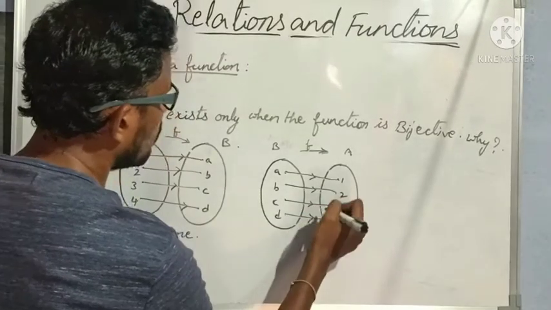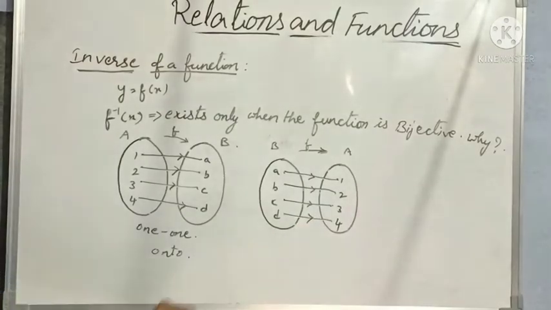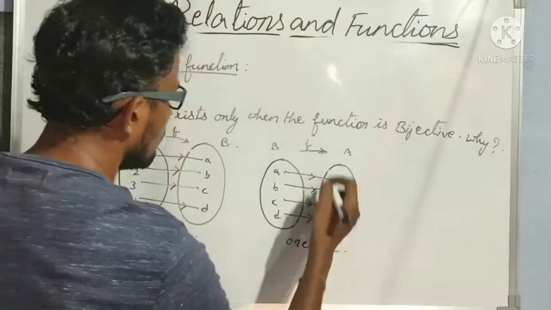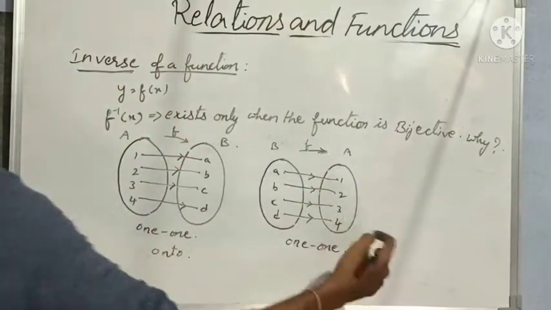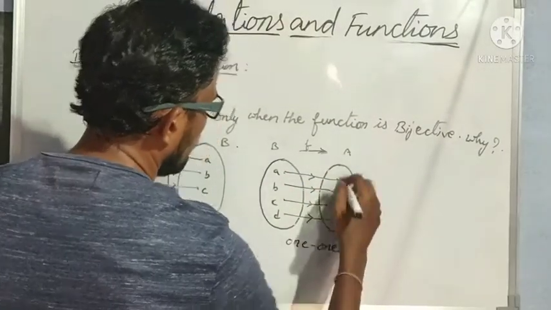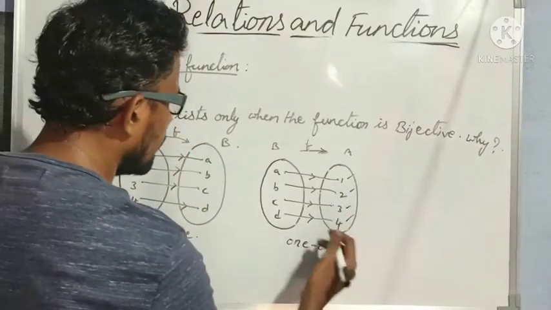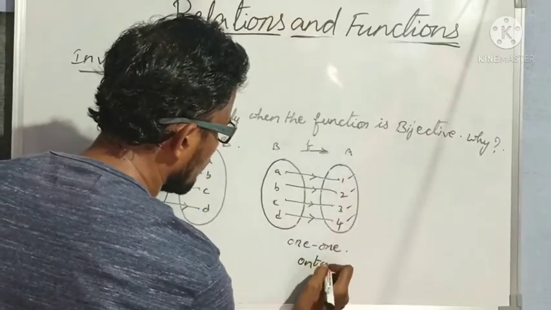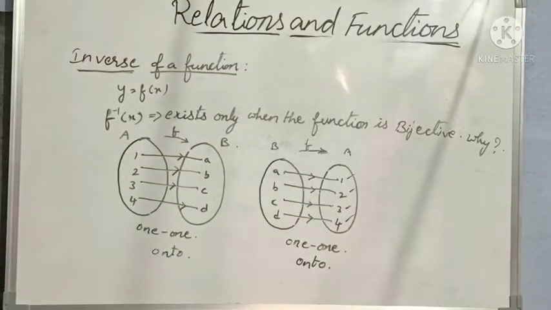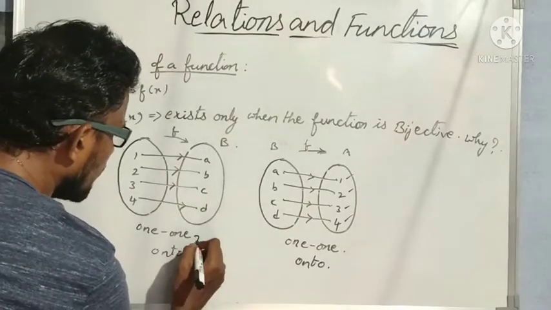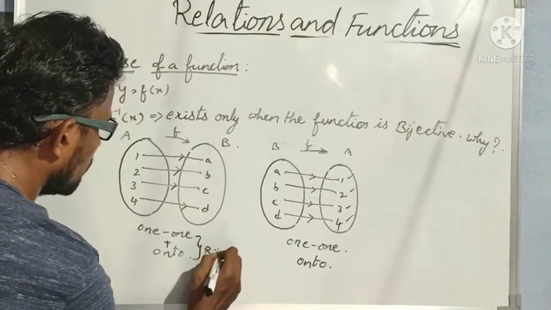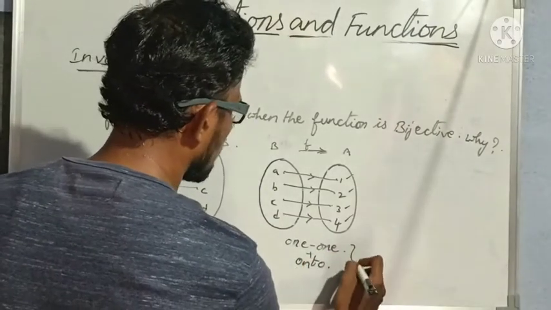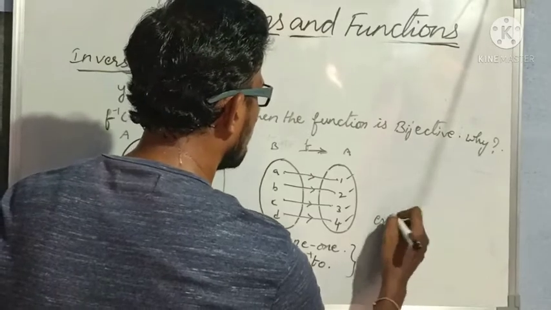So a is mapped to 1, b is mapped to 2, c is mapped to 3 and d is mapped to 4. So here also this function is one one. Why? Because every element of B has a unique image in A. Such a function is called one one function, and here codomain and range of the function are equal. So this is also one one and onto. So if the function is one one plus onto, that is bijective, then its inverse exists. Yes. So inverse exists here.